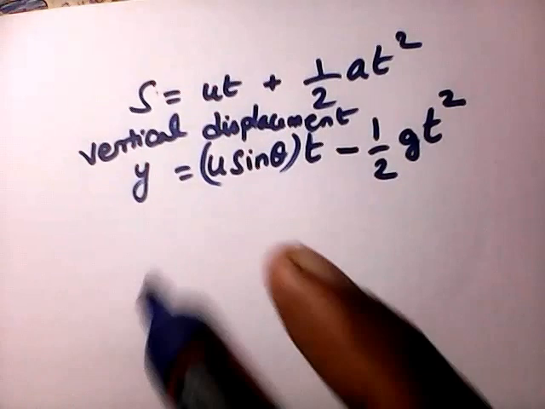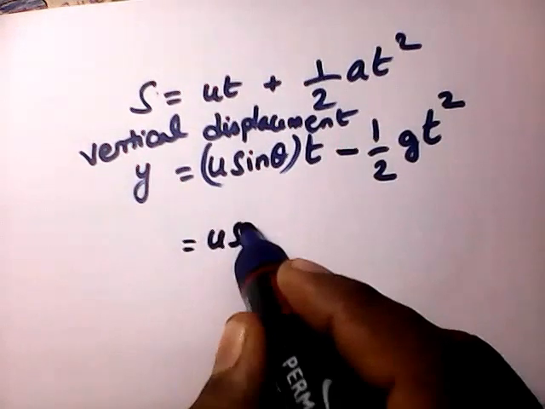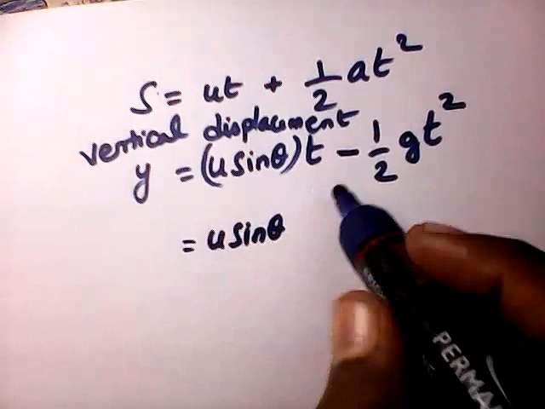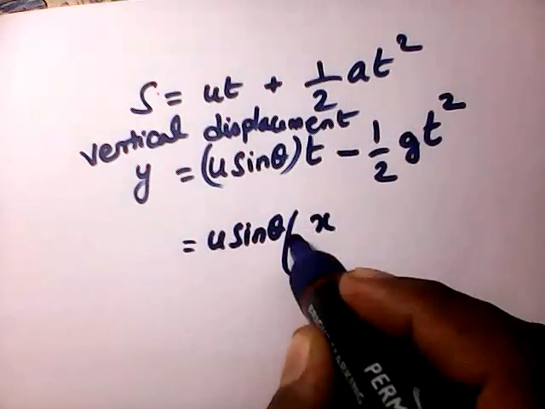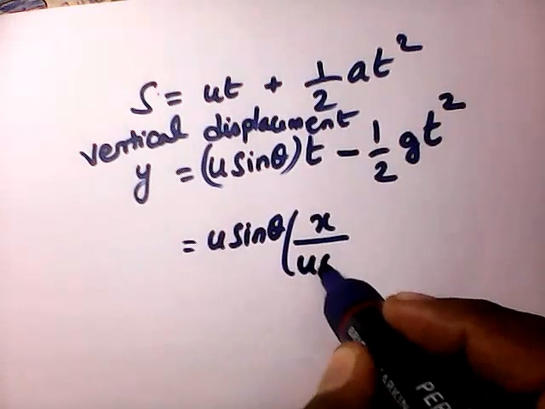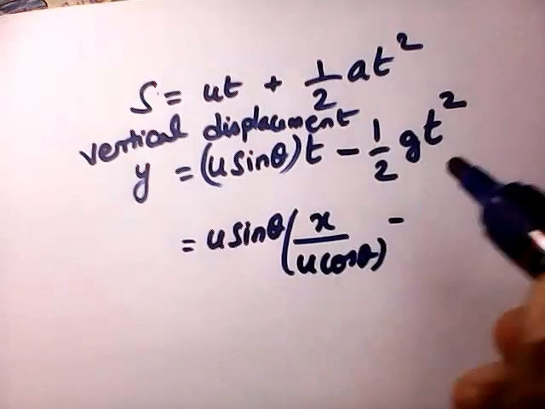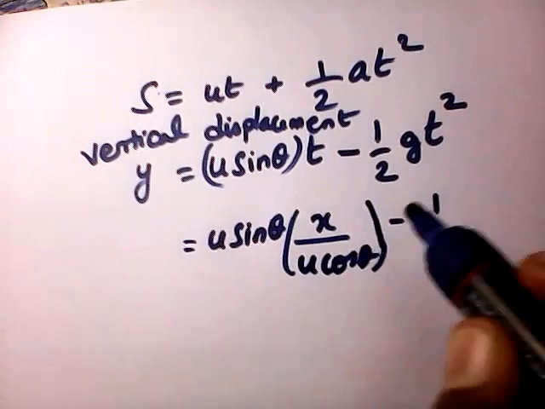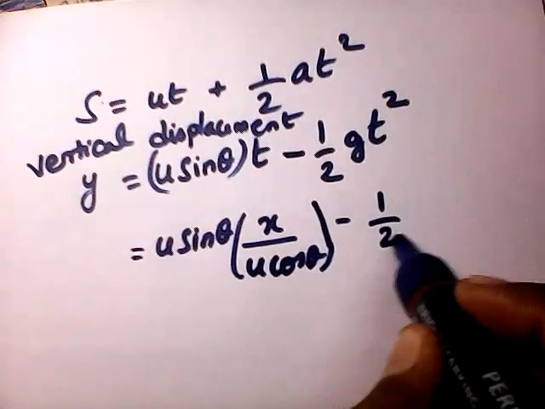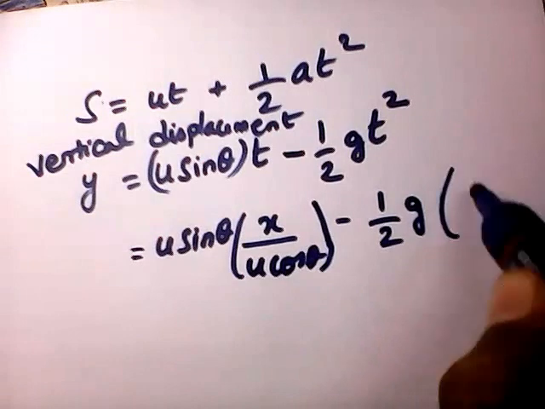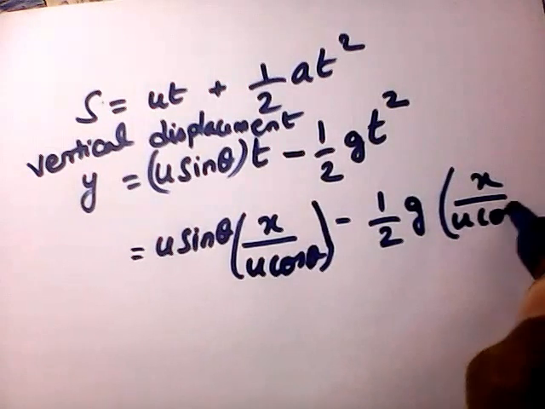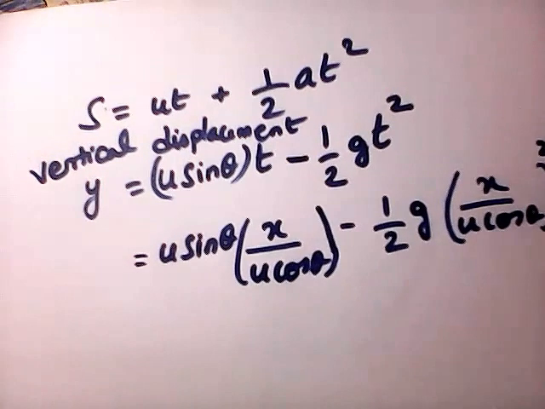Now we will replace the time t here: y is equal to u sin theta into x by u cos theta minus half into g into x by u cos theta the whole square.